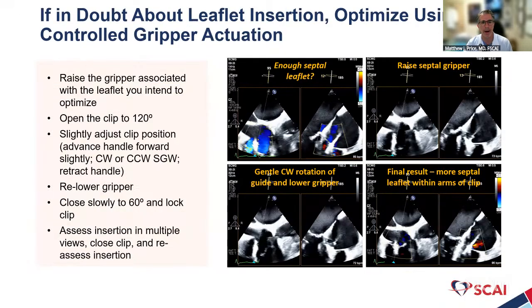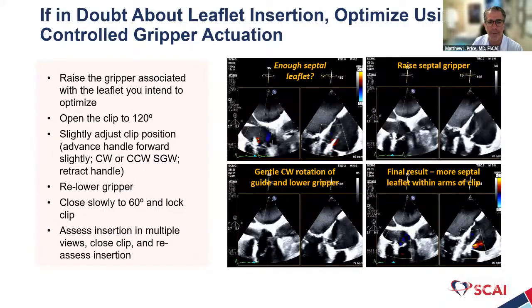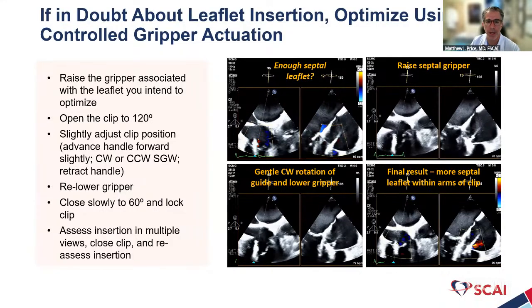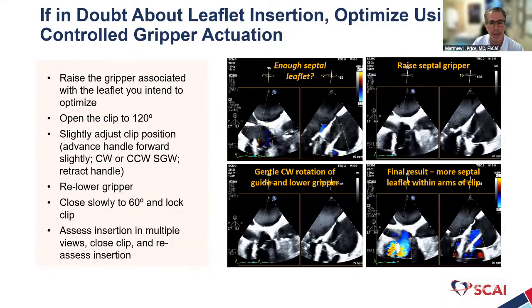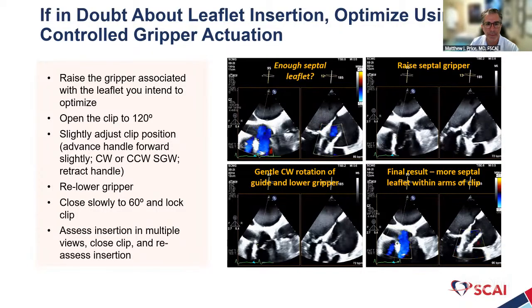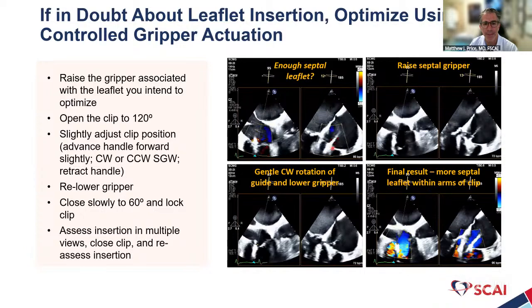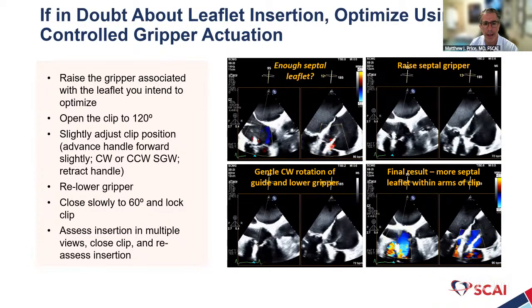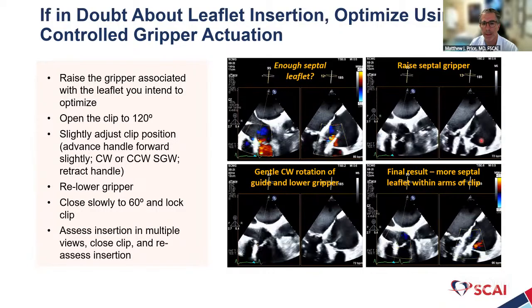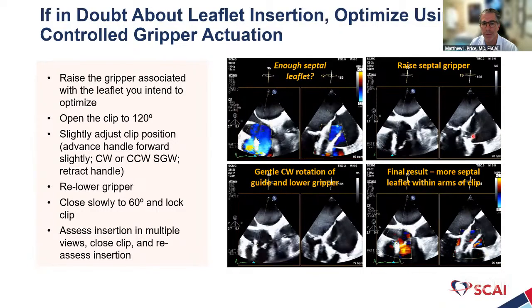Just quickly about optimization. If you're ever worried or concerned that you don't have enough tissue, you need to do leaflet optimization. So in this particular case, look at this. It seems like I have enough septal leaflet. It's short and immobile, but I wanted a little bit more. So I opened up my arms. I raised the septal gripper.